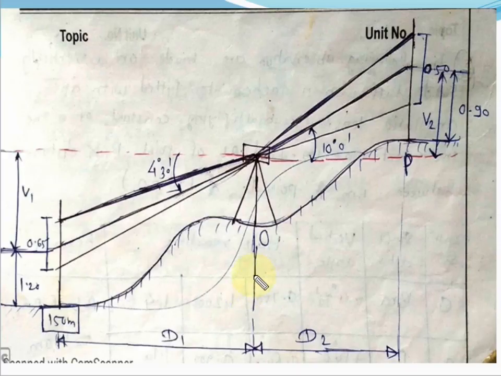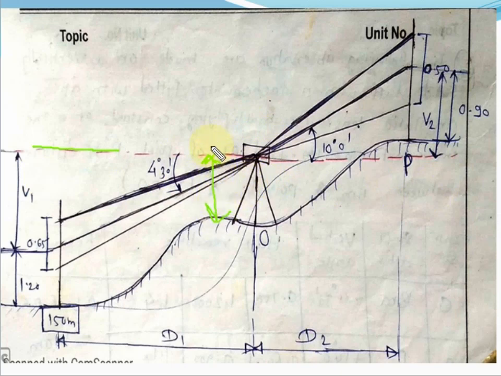So to understand better, see the figure. You require the height of the instrument. This height of the instrument is constant in any plane. When you rotate the instrument in the horizontal axis, the horizontal line of sight is the same.